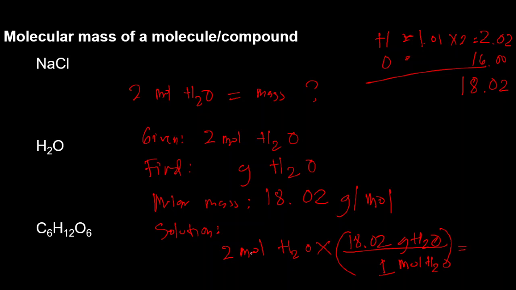Then we multiply 2 times 18.02, and the answer would be 36.04. Cancel the mole. The unit is grams of H2O. So 2 moles of H2O is equal to 36.04 grams.